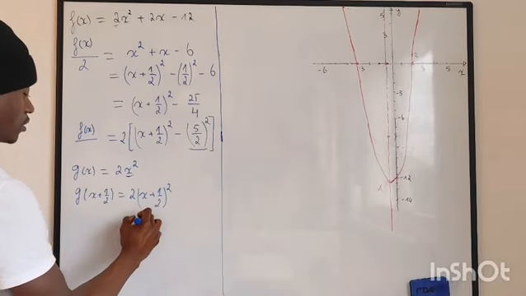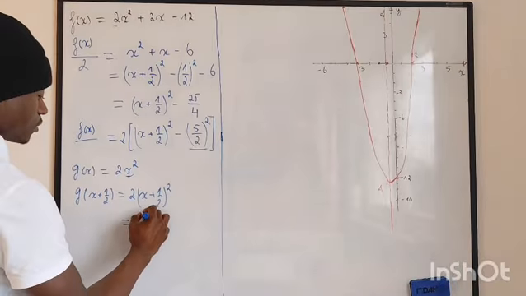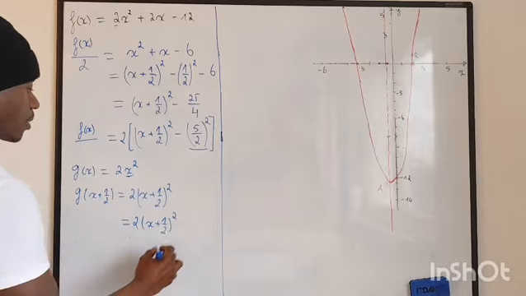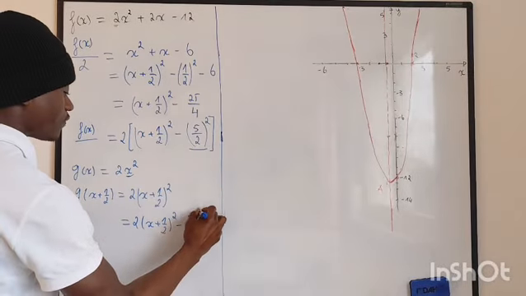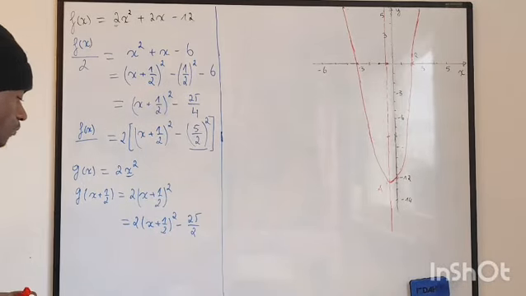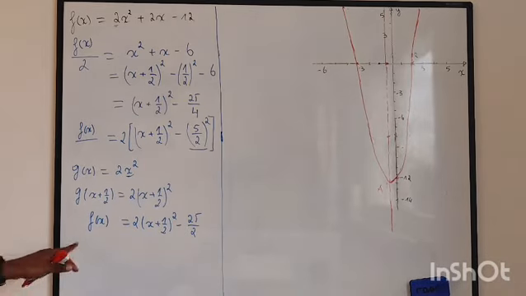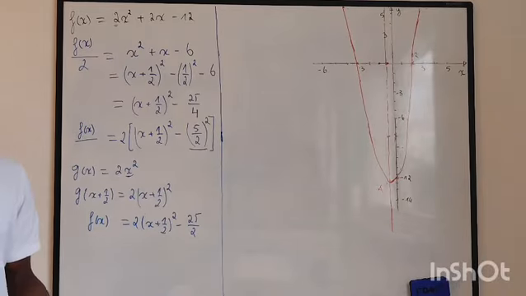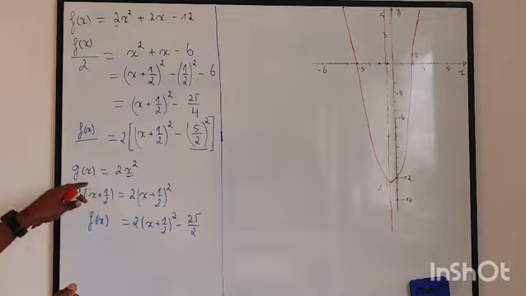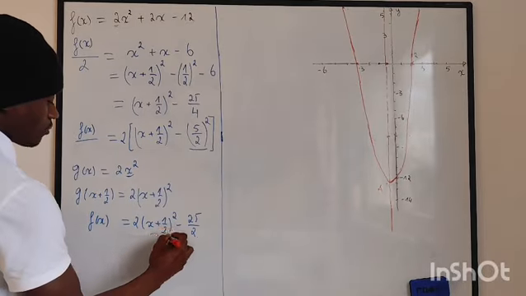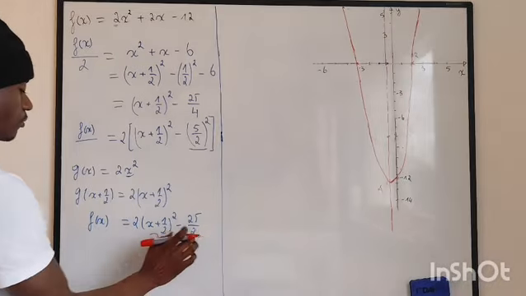I will have here 2 times x plus 1 half squared minus 25 over 2. That will be f of x. And as you can see, f of x can be fabricated from g just by changing the argument and by adding another term here.